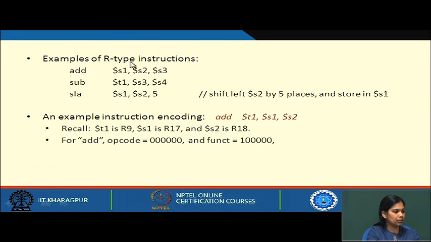Let us see an example of an R type instruction, add S1, S2, S3 like this. An example instruction encoding, let us say with T1, S1 and S2. S1 and S2 are the source registers and T1 is the destination register. Recall T1 was R9, S1 is R17 and S2 is R18, and for add the opcode is 000000 for ALU and the function for add is 100000.